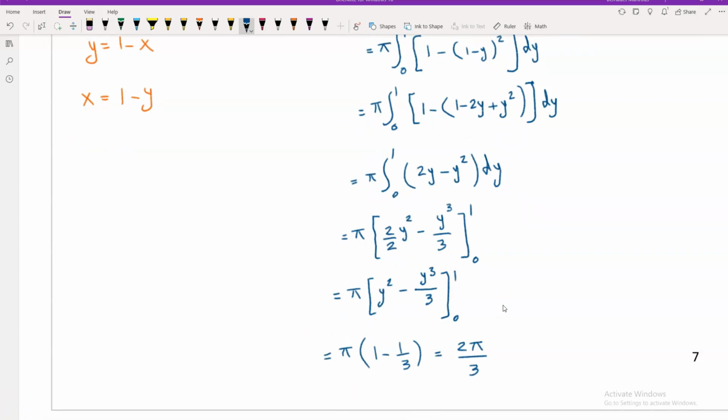So we have pi times 1 squared minus 1 cubed divided by 3, so that is pi times 1 minus 1 over 3, minus pi times 0 squared minus 0 cubed divided by 3. That part is 0. That means what we have here is just this part, and simplifying, the answer is equal to 2 pi over 3. So this is our final answer for our volume.